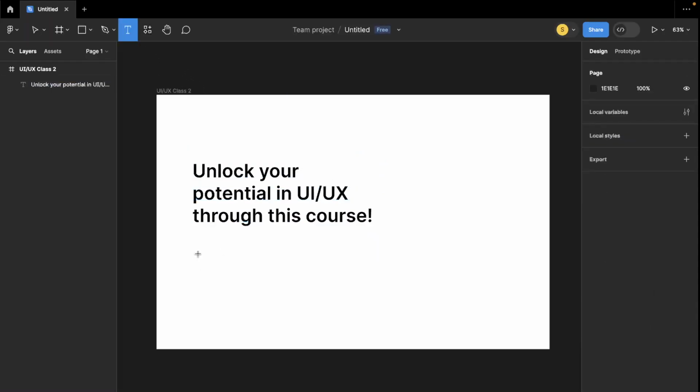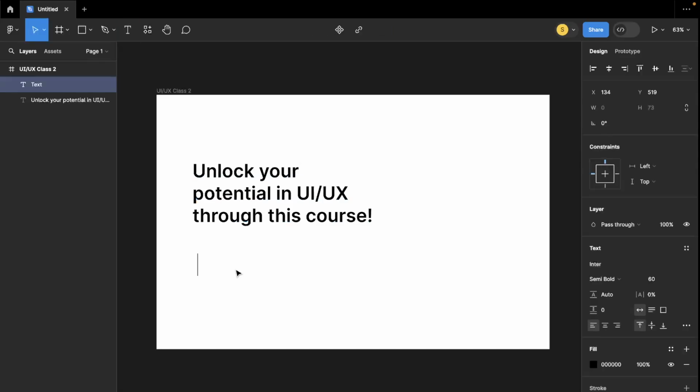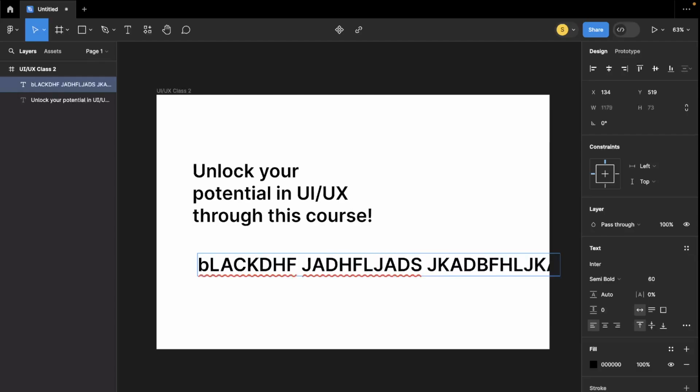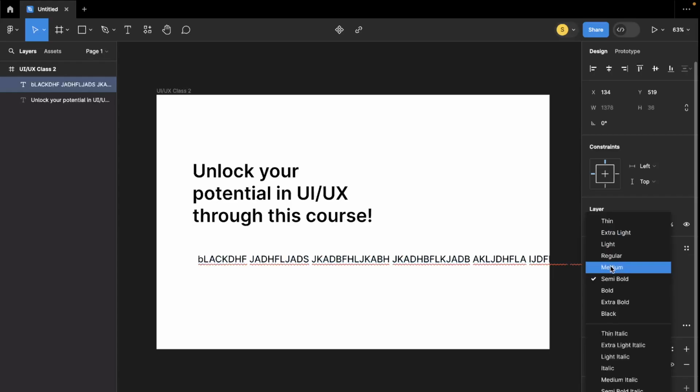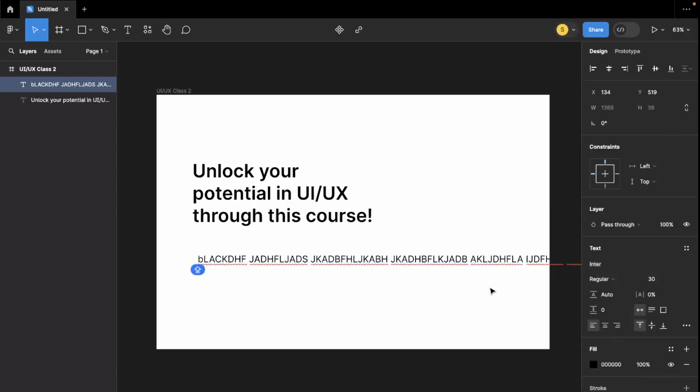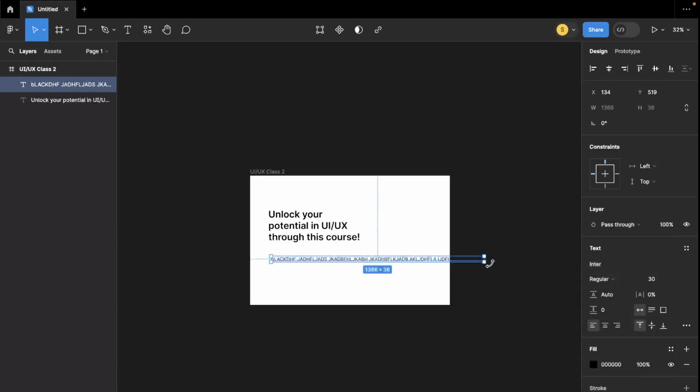I'm going to click the text again. Now I'm just going to click it like this. I'm going to type something, blah blah blah. I'm going to select all of this together and give it 30. And I don't want it to be semi-bold because again, I want the attention to go to the hook line, right?